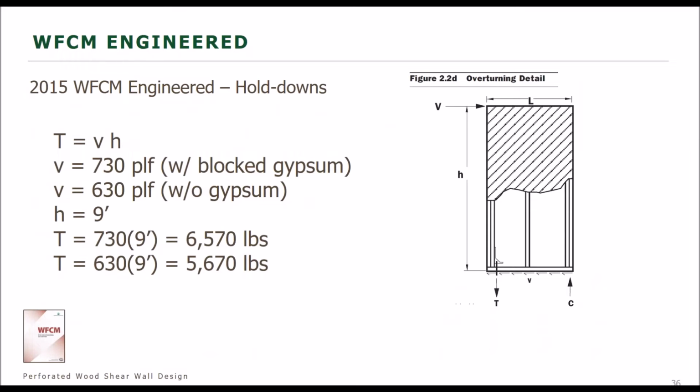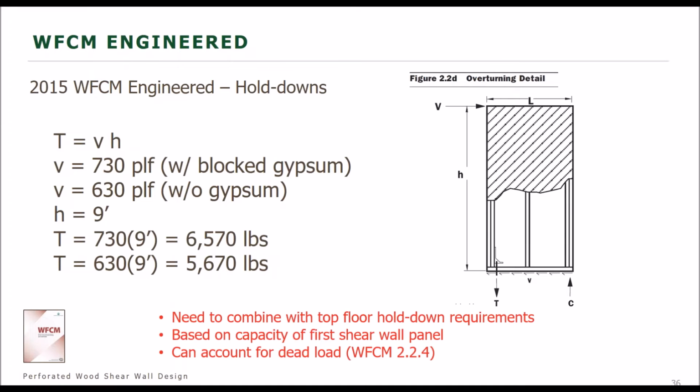For the hold down design, the engineered chapter does it a little bit differently than the prescriptive chapter. You'll see we do it based on the unit shear capacity times the height. So it is, again, based on the capacity of the shear wall panel, but we calculate it out.